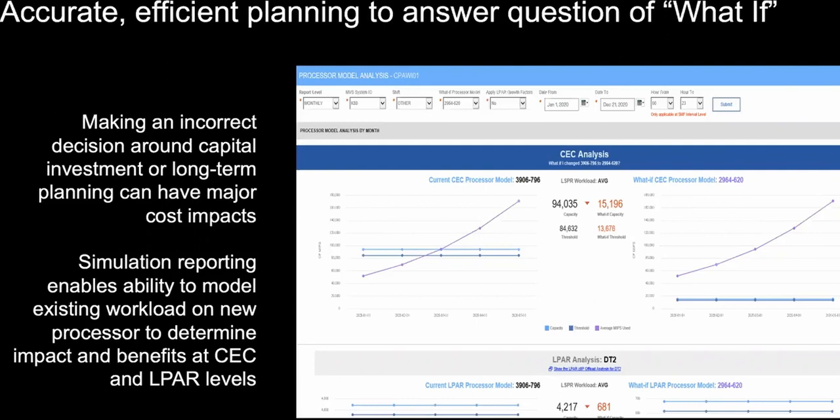Pulling the right data together to make that decision can be really difficult and time consuming, and that's to say nothing of the capacity planner's own skills needed to make those judgments. So one of the things that we see a lot of people interested in is having to answer the question.